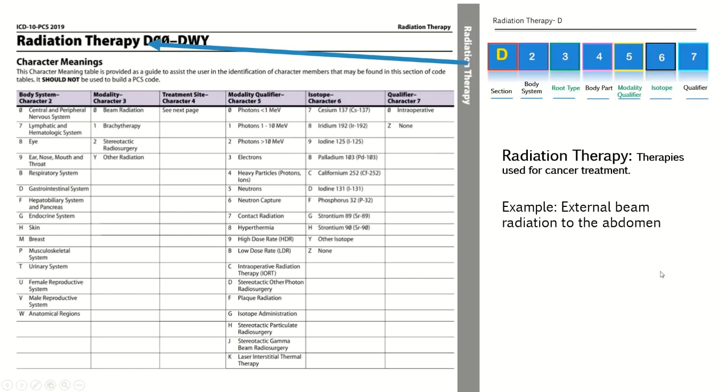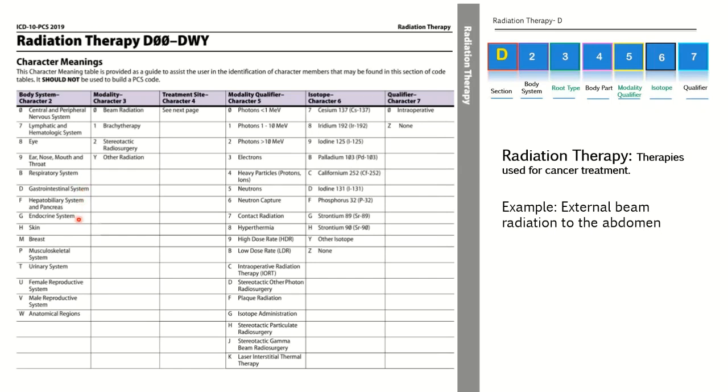And what is radiation therapy? We know radiation therapy are therapies used for cancer treatment, and some examples are external beam radiation to the abdomen. Now let's take a look at our body systems, pretty much similar to C and B, but we've got central and peripheral nervous systems, lymphatic and hematologic system, eye, ear, nose, mouth, and throat, respiratory, gastrointestinal, hepatobiliary system and pancreas.